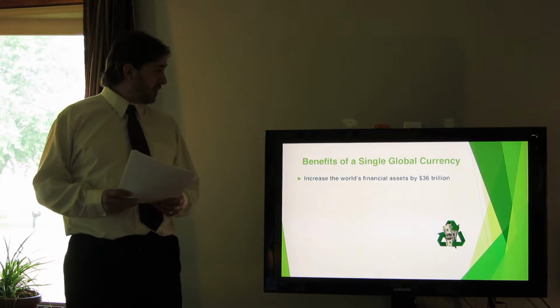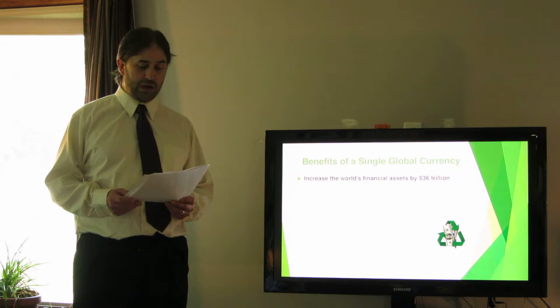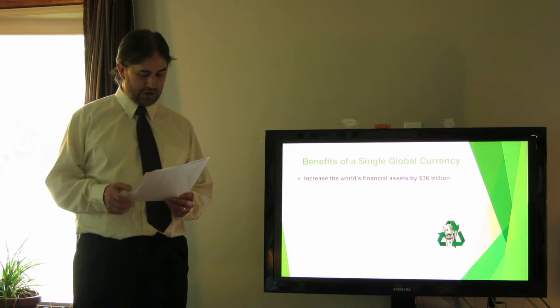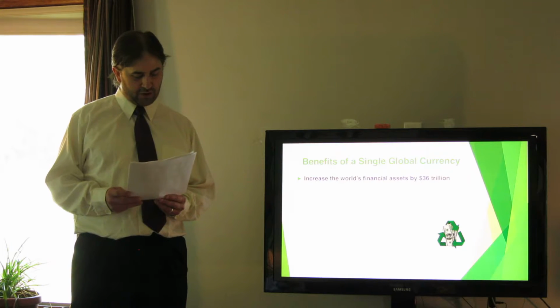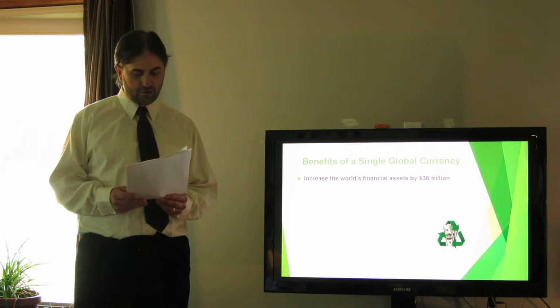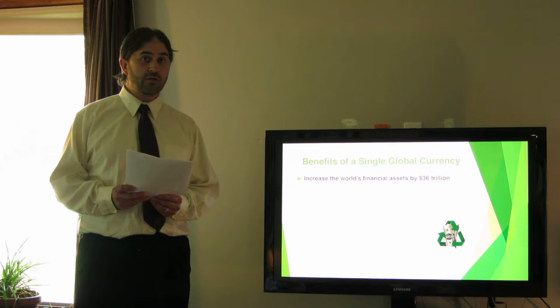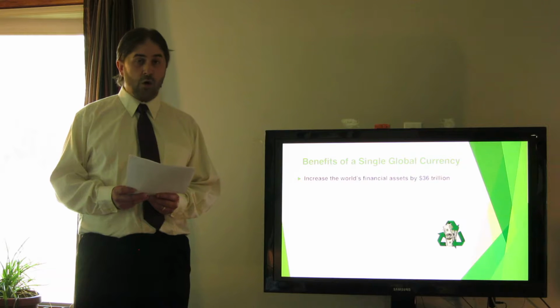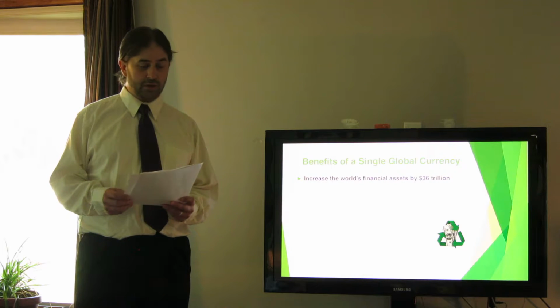The first benefit would be increasing the world's financial assets by $36 trillion. In 2004, the International Monetary Fund estimated the total value of the financial assets of the world to be $144 trillion, or roughly 3.5 times the world's GDP.